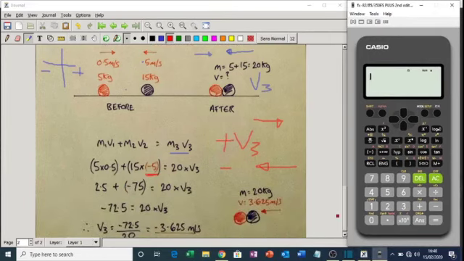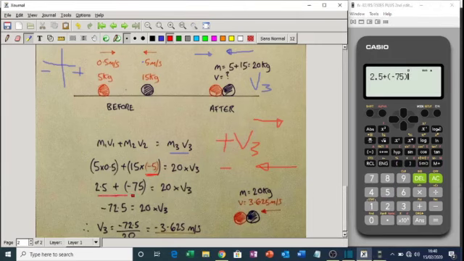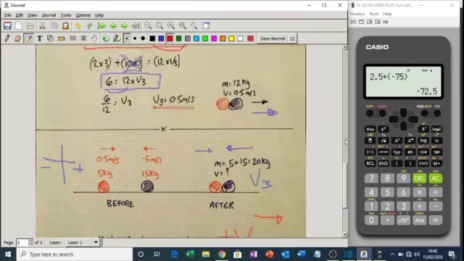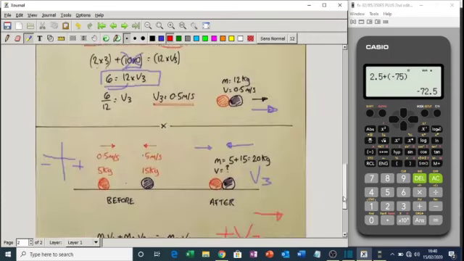So we'll work that out. So 2.5 plus minus 75 will give us the momentum before collision, which is minus 72.5, equals 20 times by v3, momentum after.